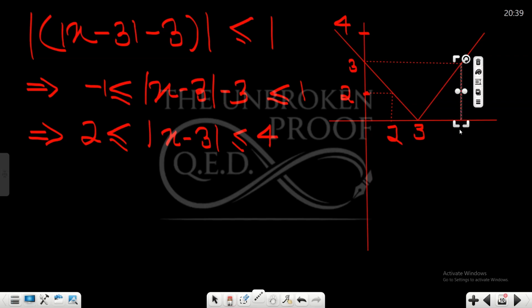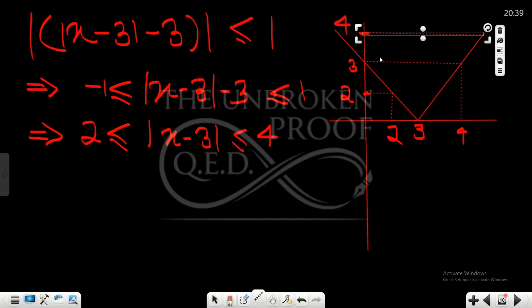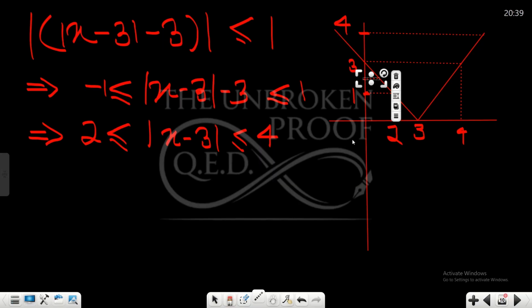Please note that this graph is not to scale, so there might be some fluctuation here and there. For 3 you will get 0, for 2 you will get 1, and for x equal to 1 you will get y as 2.